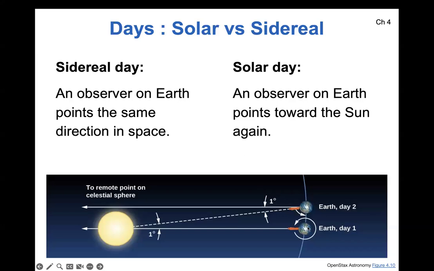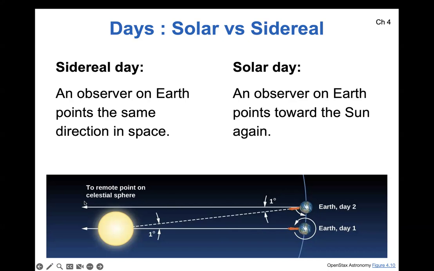So if you have a sidereal day, and the figure does a good job of showing it, you've got your little observer, the tall silhouette shown in orange. They're pointing in a certain direction, and initially they are pointing straight to the sun, but you could also say they're pointing to some distant star, some constellation. And after the Earth makes a complete rotation, they're going to be pointing exactly in that same direction.